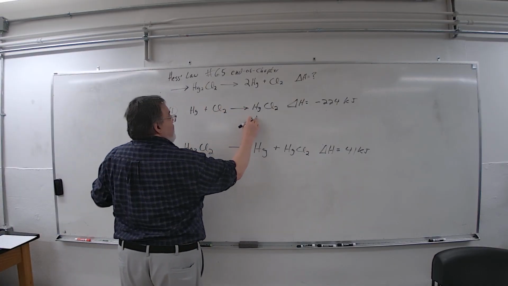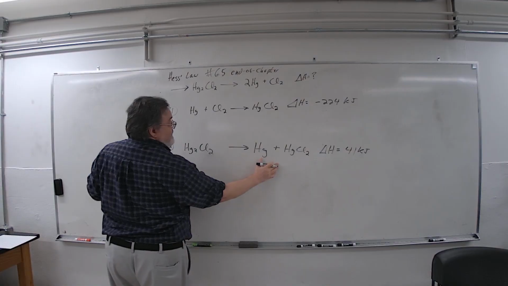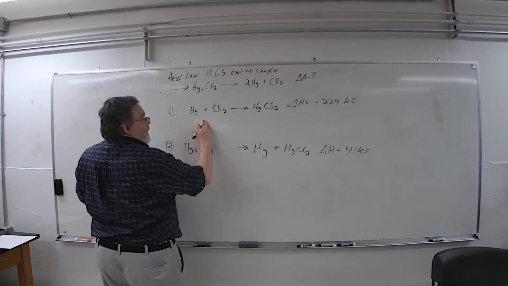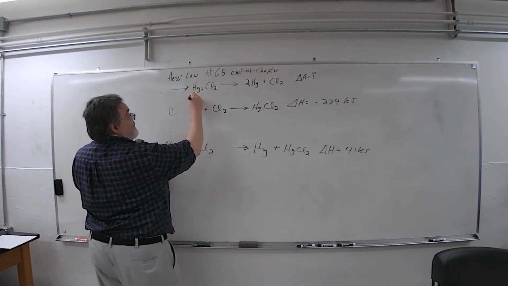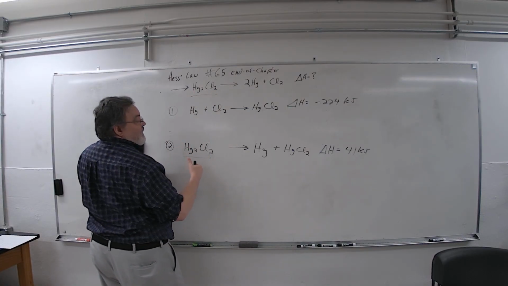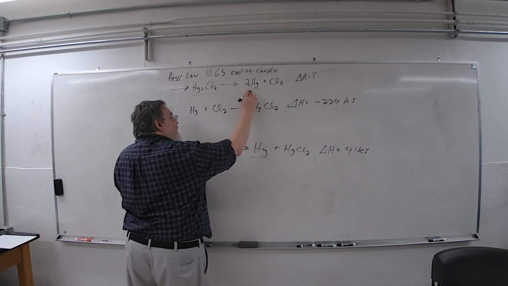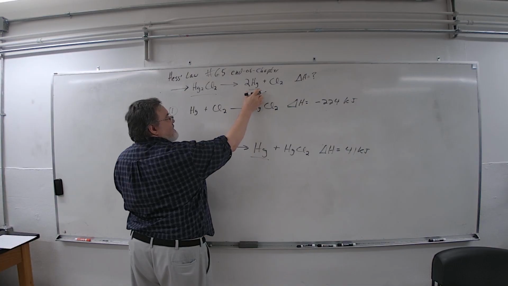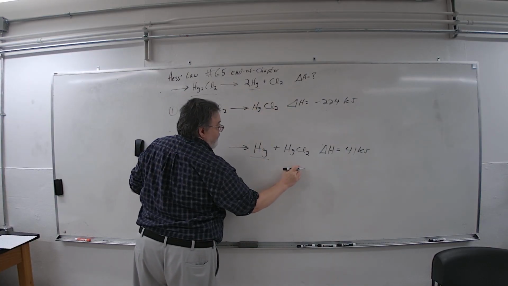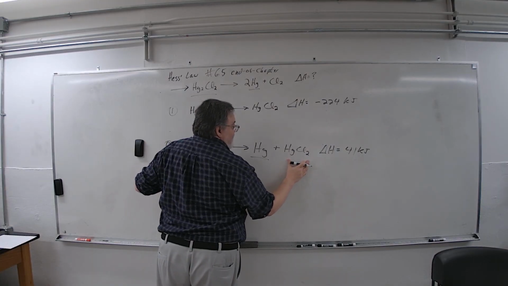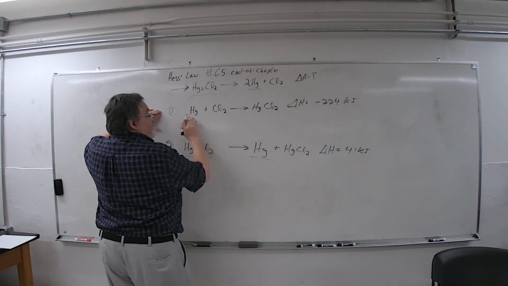If we look up here, I've got my Cl2 that I need down here on the left side. So I'm going to get, let me point out where we are, HgCl2, HgCl2. So far I'm good. I've got an Hg there, and here's Hg. I know I've got 2 Hg, but I'm just looking to get the species to match up. So Hg, and I need Cl2 on the right side. I don't have a Cl2 on the right side. I have HgCl2 on the right side. Now let's use this equation.